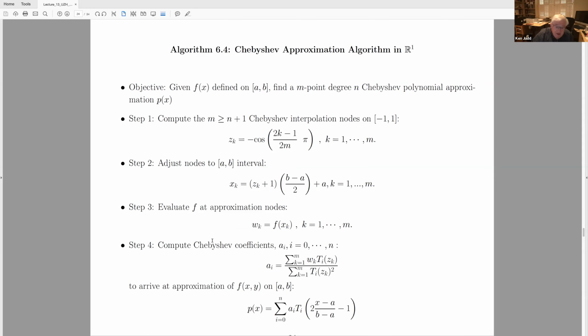Here's the definition of Chebyshev approximation. You have a function f, and you want to compute a degree n Chebyshev polynomial with m points. So then you have to translate the Chebyshev interpolation nodes, or the Chebyshev zeros on -1, 1, into your AB interval, which is this formula.